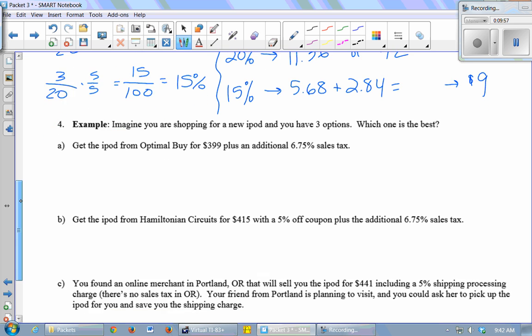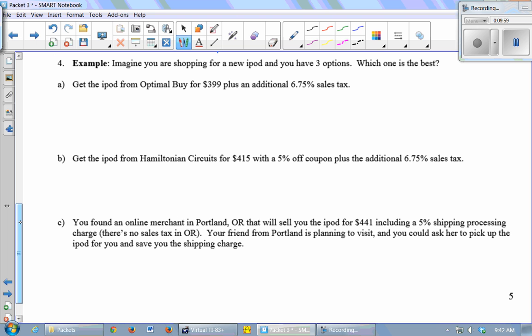All right, so imagine that you're shopping for a new iPod. You have 3 options. Which one is the best? You can go to Optimal Buy, and it costs $399 plus 6.75% sales tax. Or you can go to Hamiltonian Circuits. You can tell it's a really old problem, right?